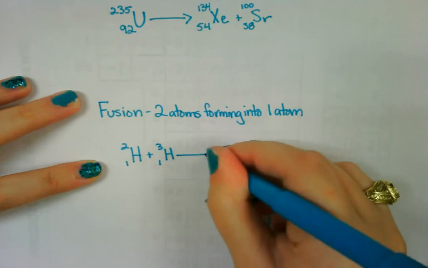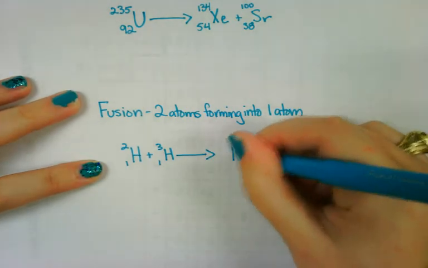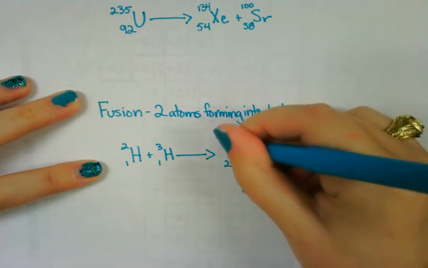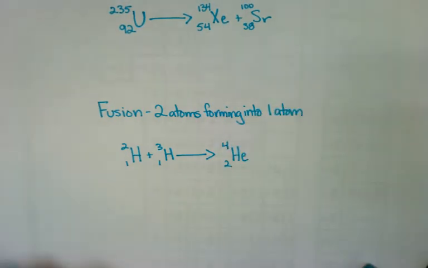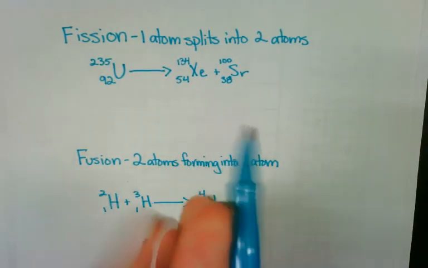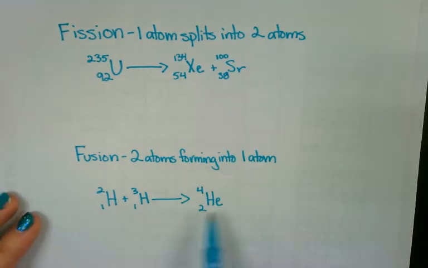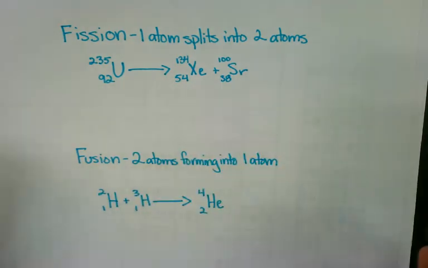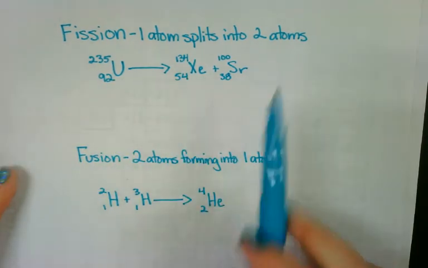Well, when they come together, they're going to form helium, charge of 2, and a mass of 4. So, if you think about it, fusion, fusing together, coming together, 2 going into 1. Fission, fissure, breaking apart, 1 going into 2.